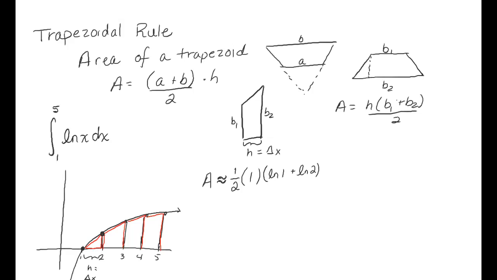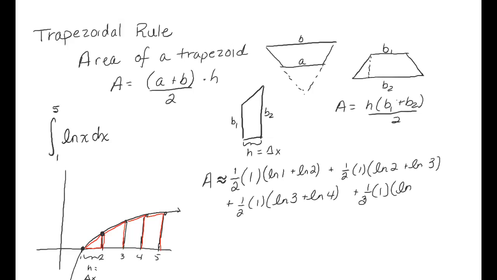The second one is going to be 1/2 times 1 times ln2 plus ln3. The third one's going to be 1/2 times 1 times ln3 plus ln4. And finally, 1/2 times 1 times ln4 plus ln5.